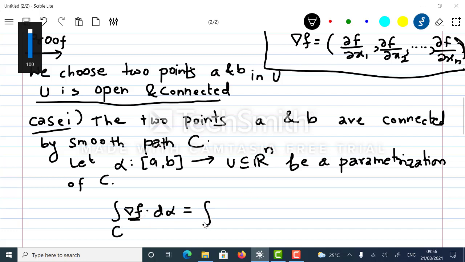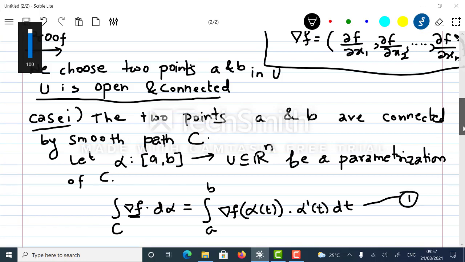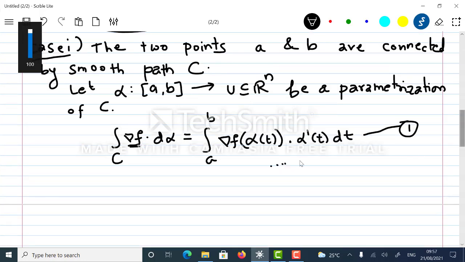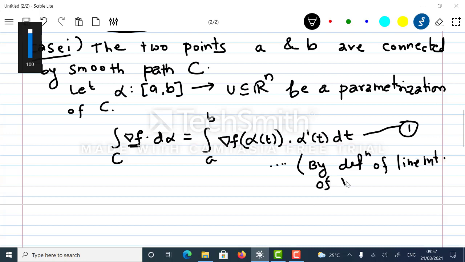As per the definition, it is the line integral from A to B of gradient f evaluated at alpha t, dot product with alpha dash t, dt. Let's call this 1. We could write this only by the definition of line integral of a vector field.